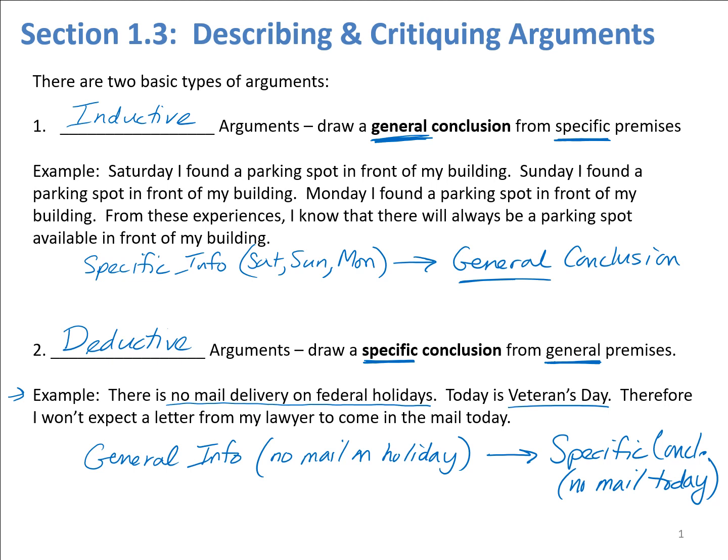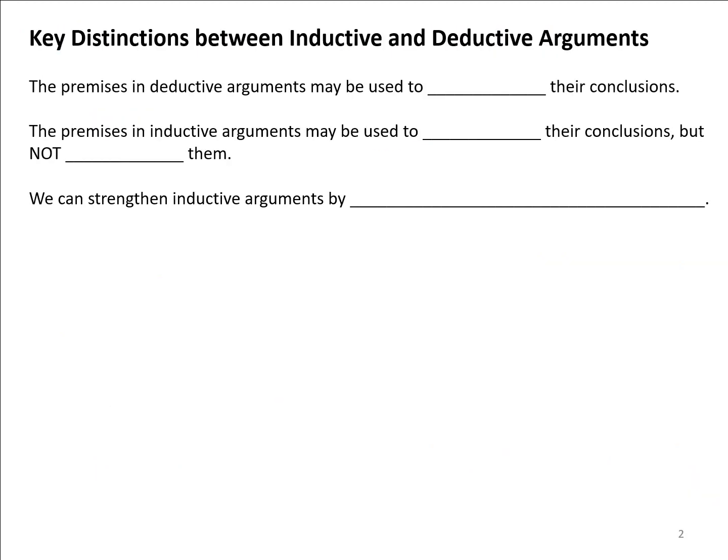So these are the two main types of arguments you'll find in logic and in the real world, inductive arguments and deductive arguments. So some key distinctions between inductive and deductive arguments. The premises in deductive arguments may be used to prove their conclusions. So those general premises we have in deductive arguments, we can attempt to prove specific conclusions with.